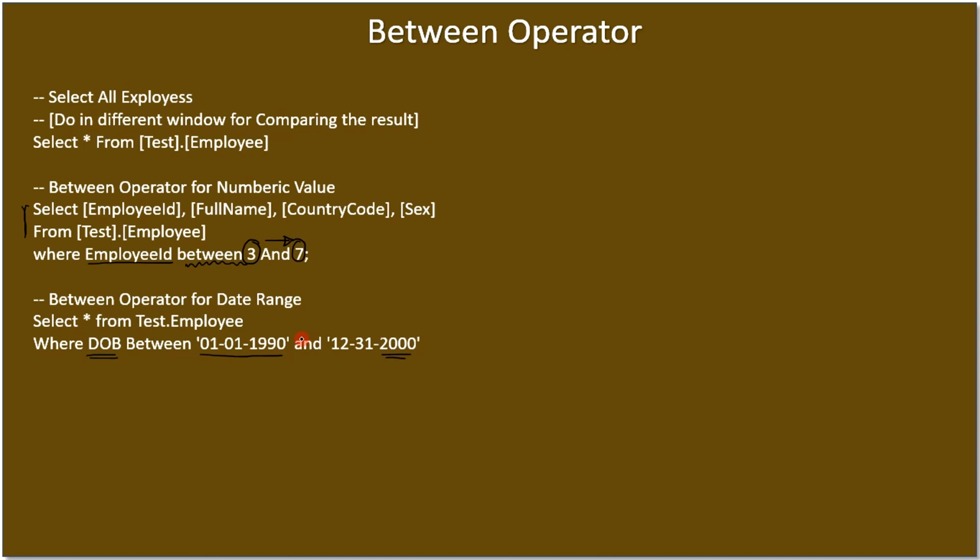So that's the range we are specifying using the between and operator. It will be used in conjunction: between, and you will specify the range. Between value, and the range is specified using the and. So here we are picking the employees who fall in a specific age, or instead of a specific age, we can say whose date of birth falls in a specific date range.